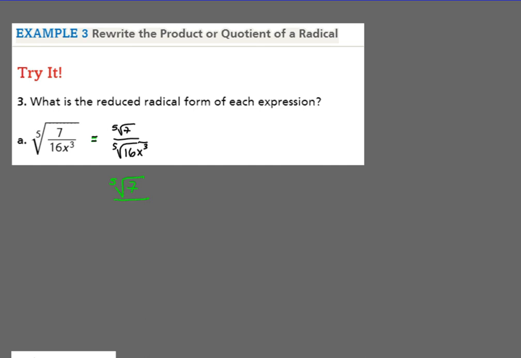Now visually, it might make more sense to rewrite it as 7 to the 1/5 over 16x cubed to the 1/5. Because now I need to multiply the top and bottom by something to get rid of the 1/5. And remember, when you multiply bases, you add exponents. So instead of having just 16x cubed to the 1/5 power, I need to multiply it times something. I'm going to multiply this denominator by itself to the 4/5 time.